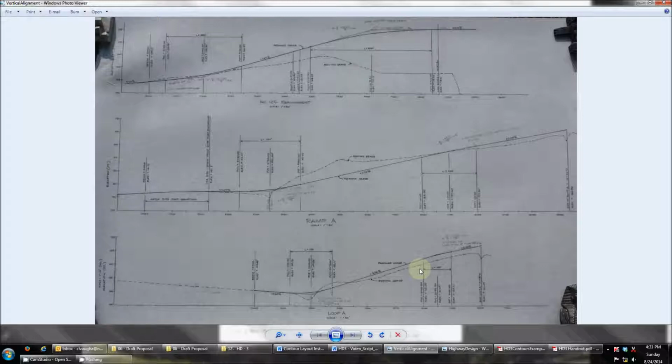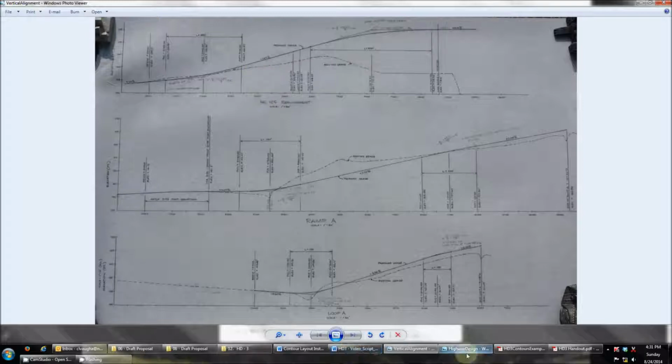As stated in the instructions, you may want to pull the 1-foot contours where there are vertical curves for each of these, for Loop A, Ramp A, and for NC 125. But I will continue in this video only discussing the 2-foot contours for the sake of simplicity.